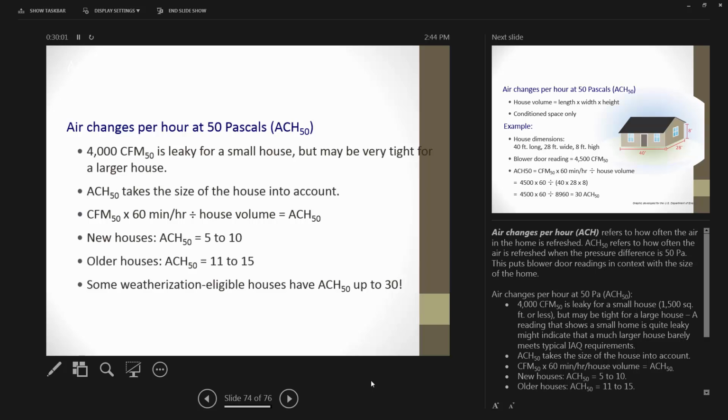So before you can really make any sense of what reading you get out of the blower door, you have to be able to calculate the volume of the house. So back to the thermal envelope, you have to be able to locate the thermal envelope and then do your volume calculations.